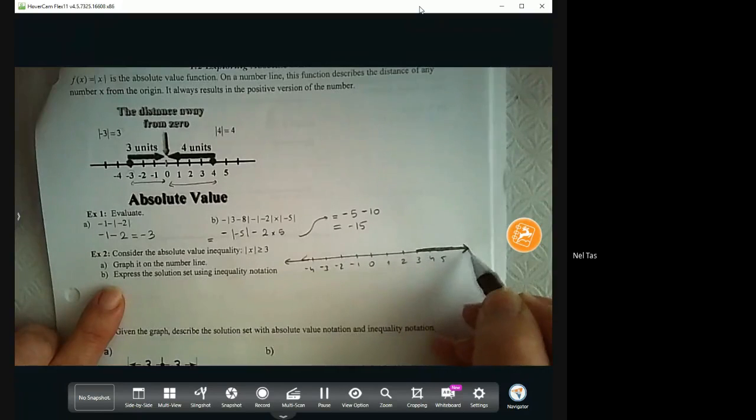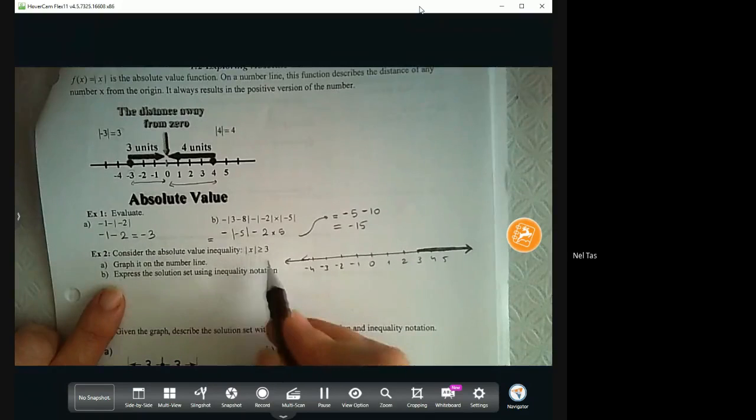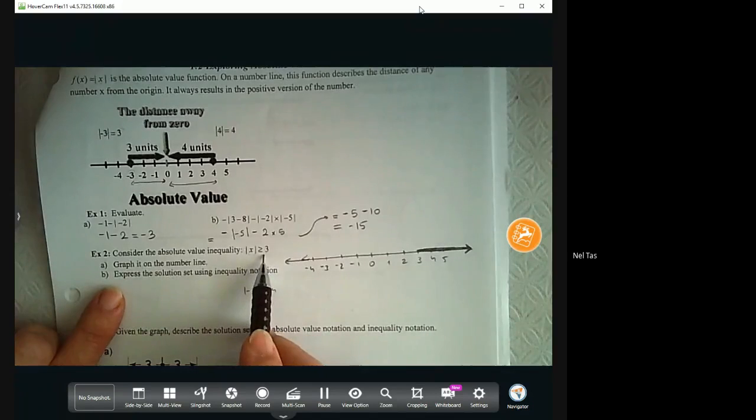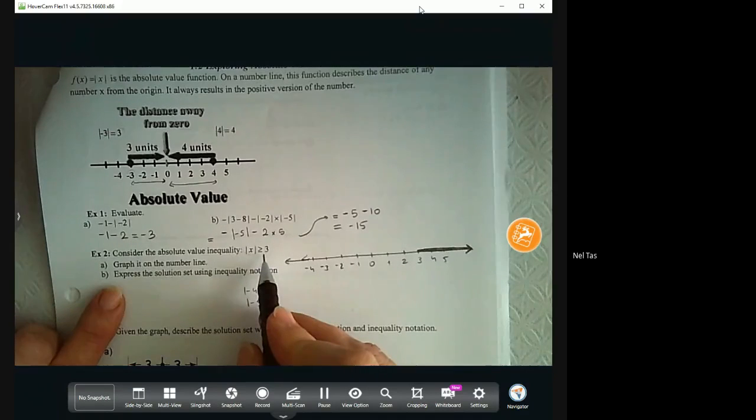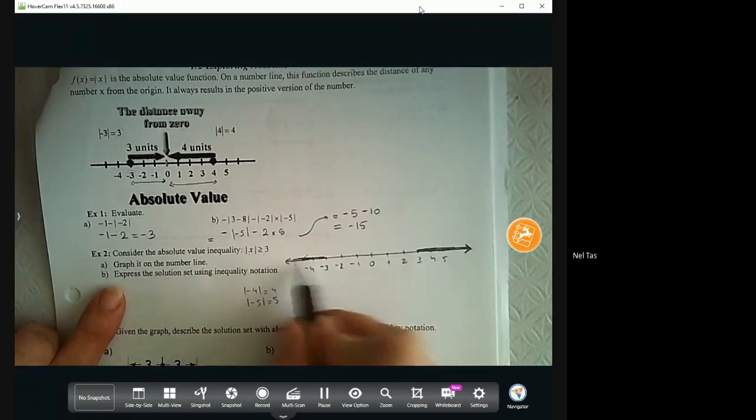But also look, if this x is, let's say, -4, what do you get? The absolute value of -4 gives you 4, which is greater than 3. Or if you have the absolute value of -5, that is 5. Again, it is greater than or equal to 3. So that means you're going to take all those numbers that are less than -3.